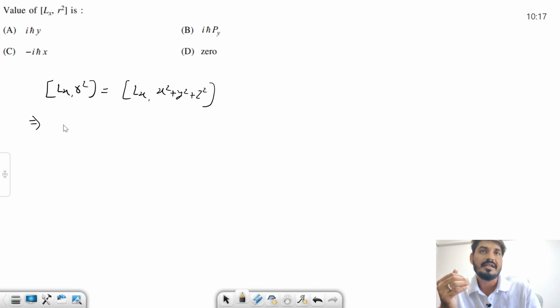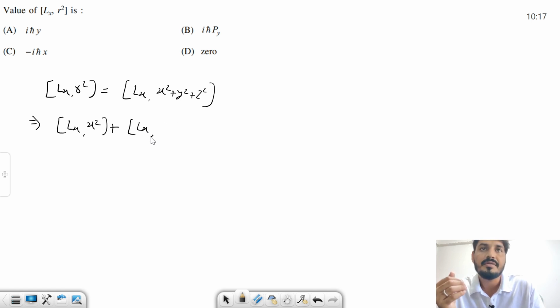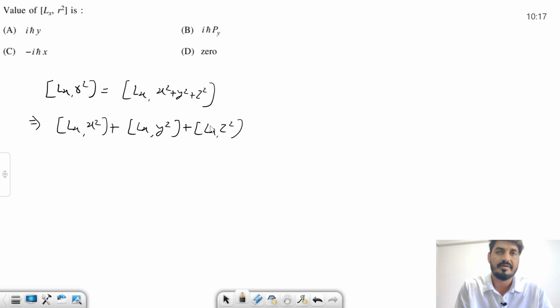Further I can write it like this: LX with X square plus LX with Y square plus LX with Z square. Fine, this is how I can write it.